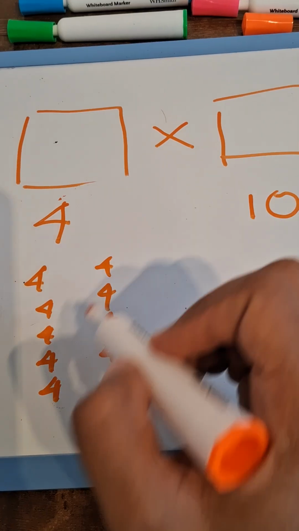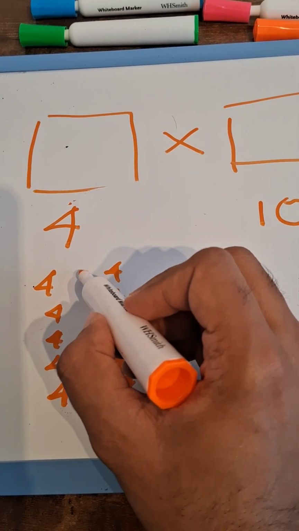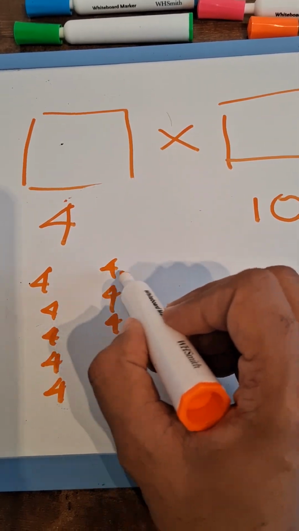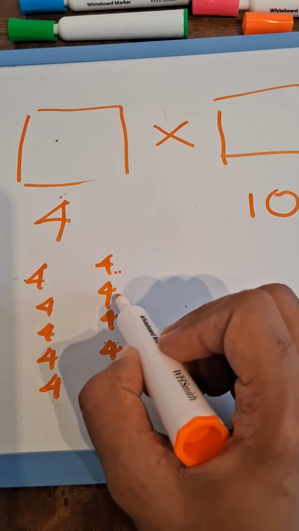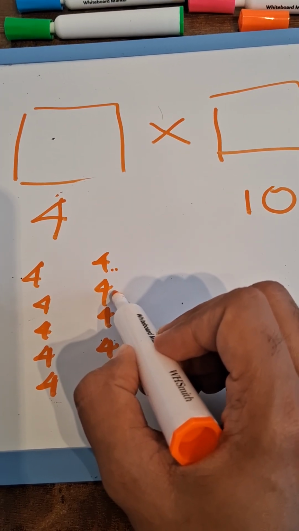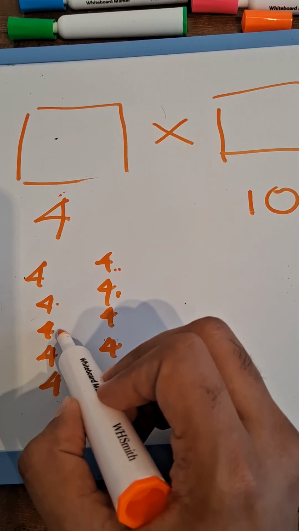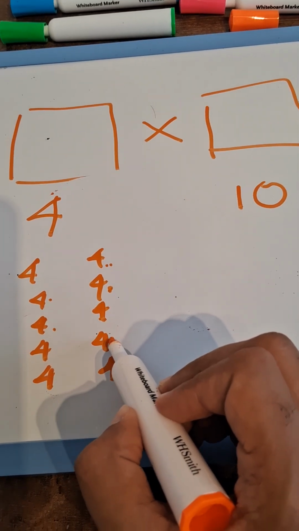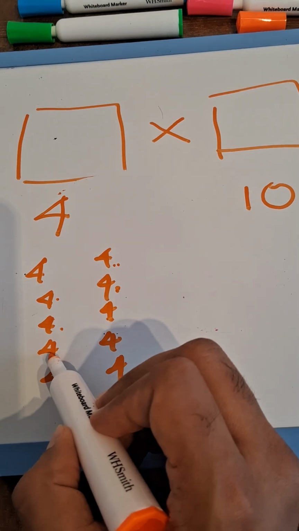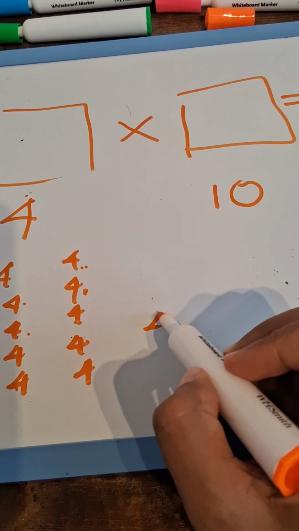So there are 10 fours. If you add all of them together, 4, 8, 12, 16, 20, 24, 28, 32, 36, 40. So the answer is 40.